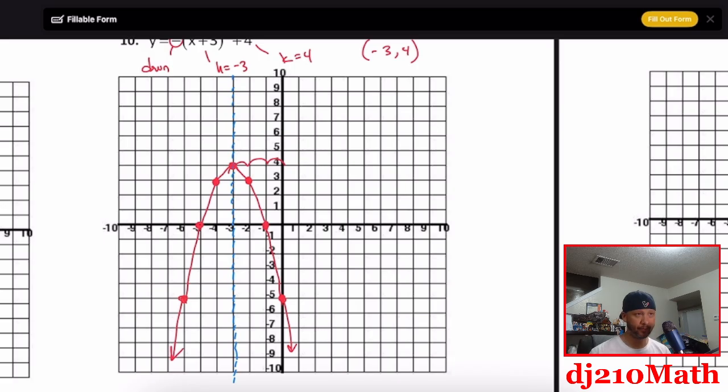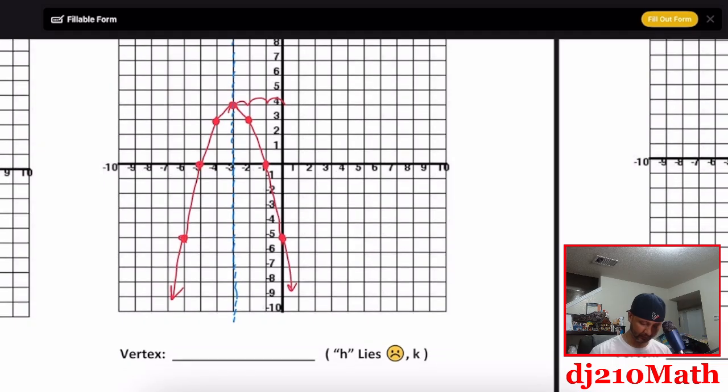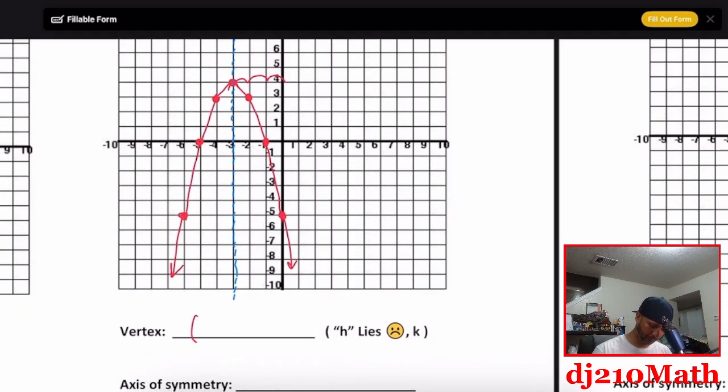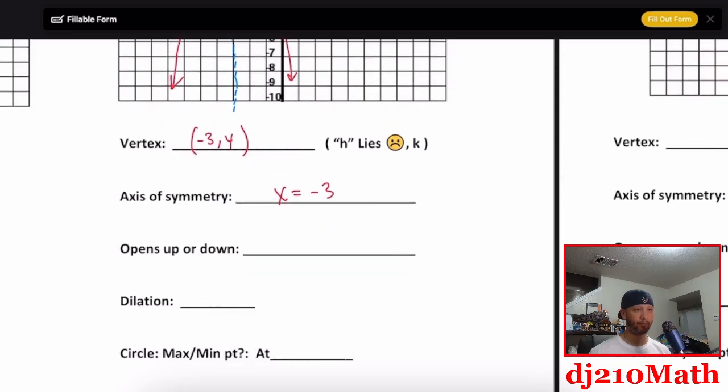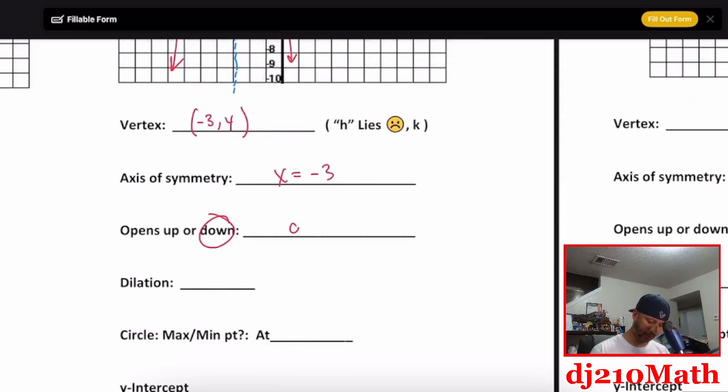Okay, there she is. So let's plot the vertex. This is going to be -3, 4. Axis of symmetry through the x value. We know that it opens down, right? A was positive. A was negative, I'm sorry.